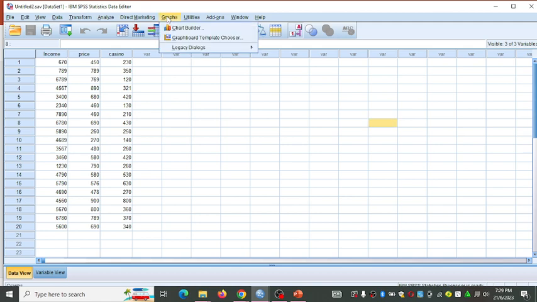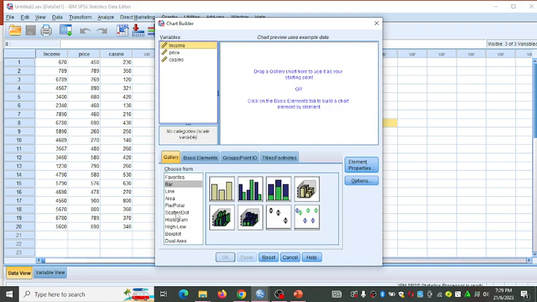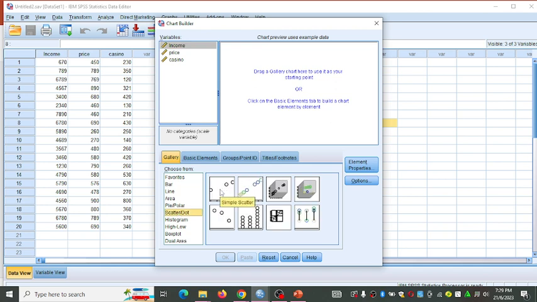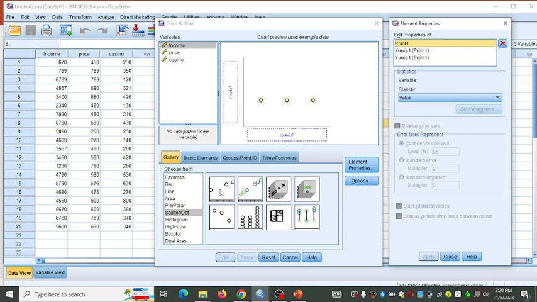You click on Graphs, Chart Builder, then you click on Scatter/Dot. We want to choose this one, so you double click this one. From there, we are dealing with income and price.